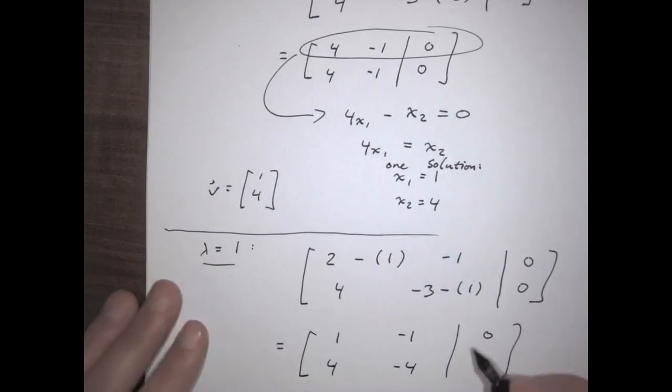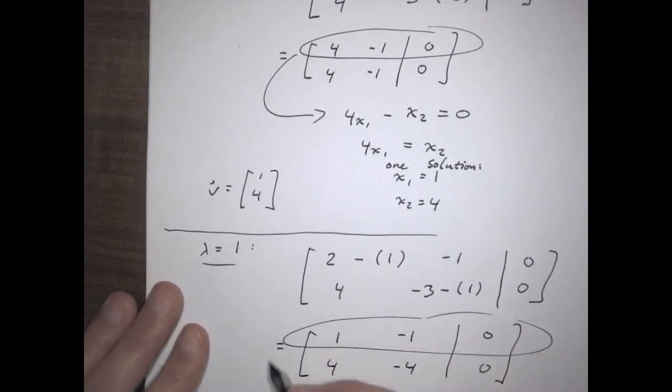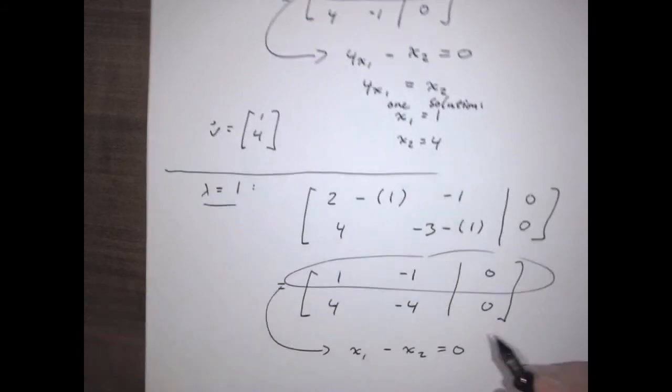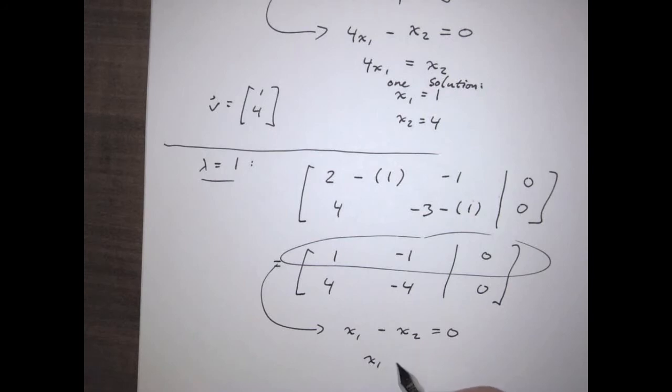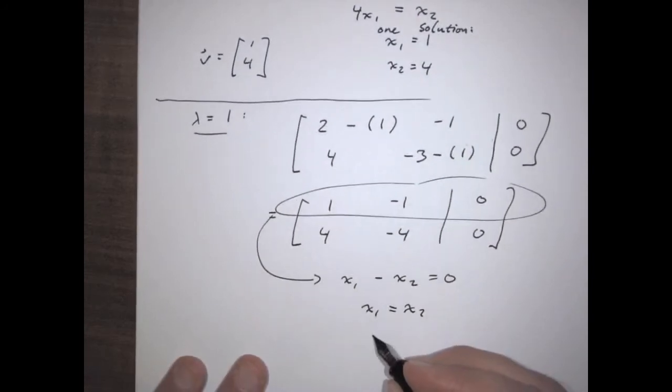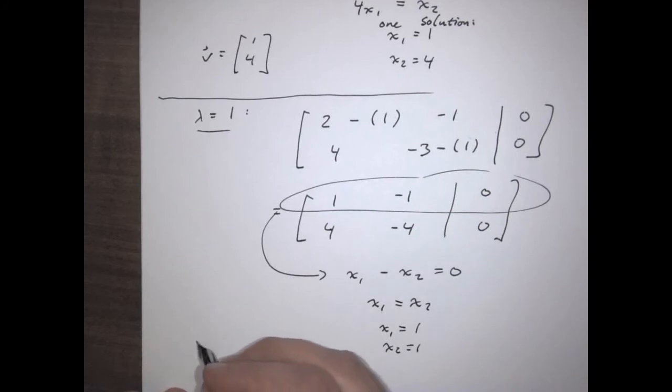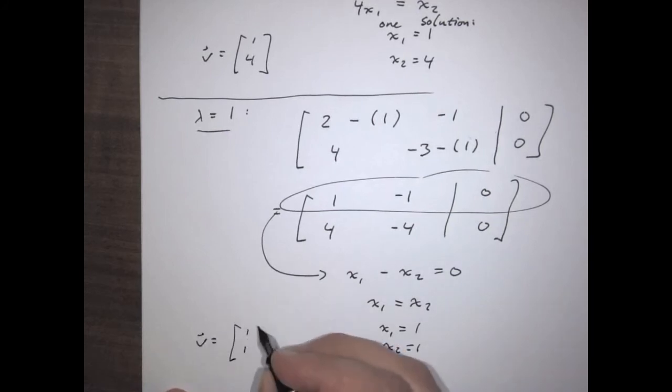And you just take any of them, the most convenient one. Let's take that one. That's going to be x1 minus x2 equals 0, which means x1 equals x2, which means that we can have x1 equals 1, x2 equals 1 as an example. So that gives us a v for this one of 1, 1.